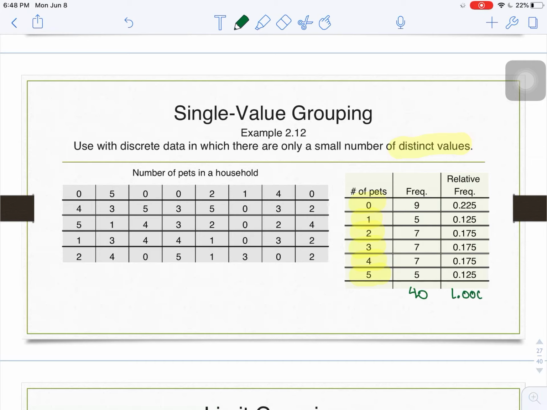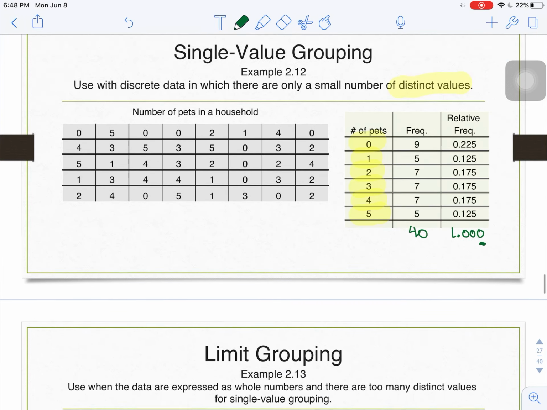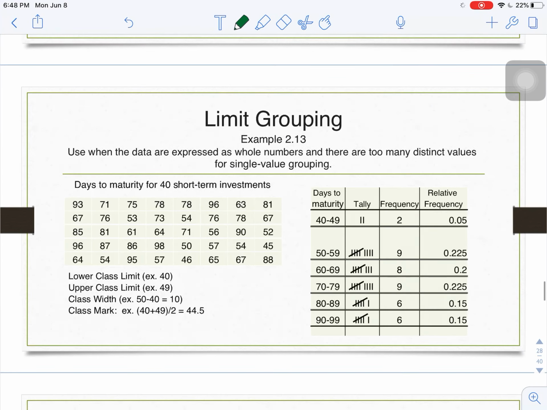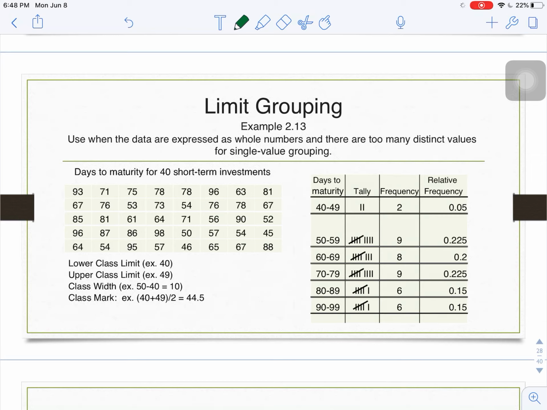So you have 40 people that you surveyed, and you have 100% when you're talking about the relative frequency. You may on occasion get 0.999 or something like that because rounding doesn't always work out. But if you round it to the nearest thousandth, so again, the thousandth position is going to be 3 decimal spots, you're in pretty good shape.